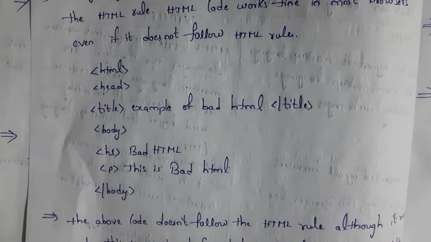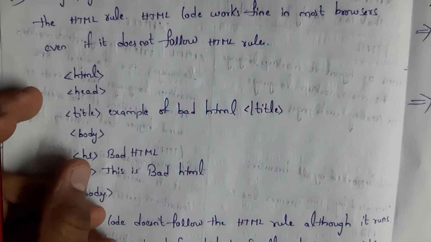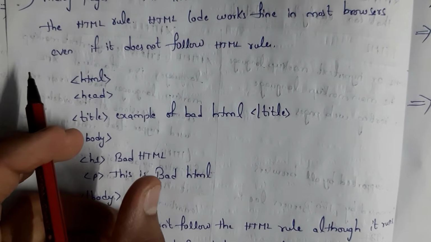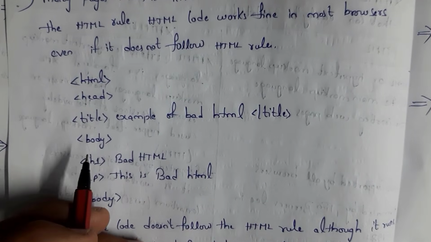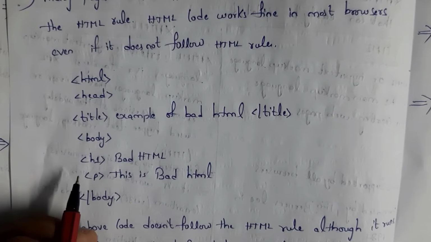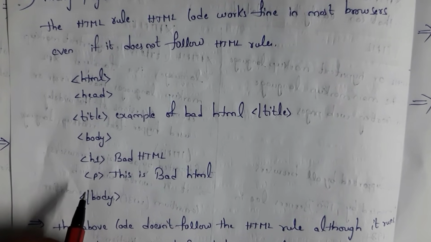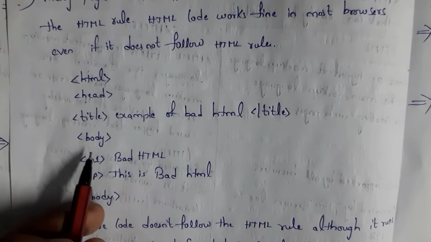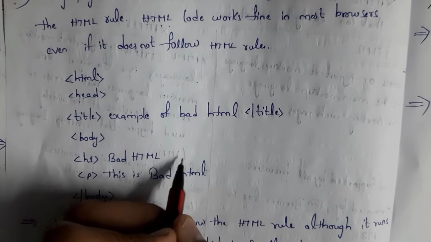If you consider this HTML program, inside HTML I have written head and inside it I have written title as an example of bad HTML. Bad HTML means a program which does not contain closure tags. If you consider this, inside body I have written h1, but I did not close this h1.